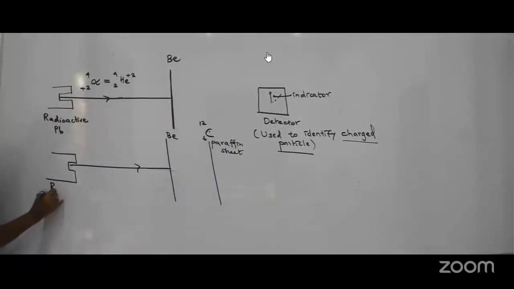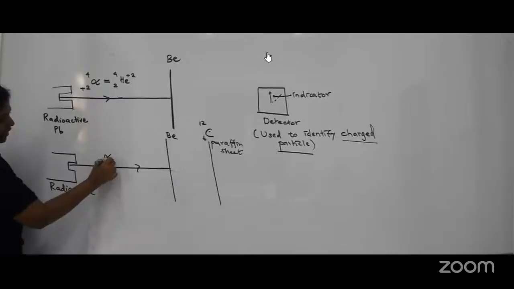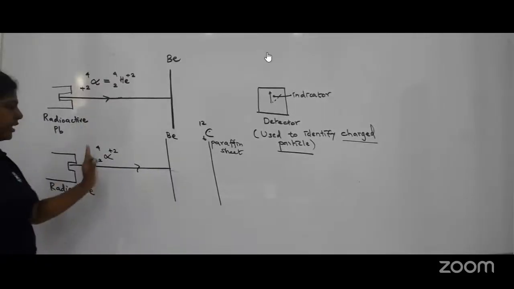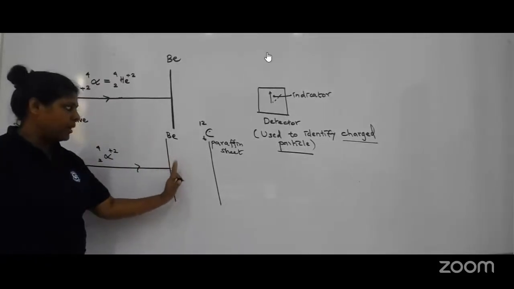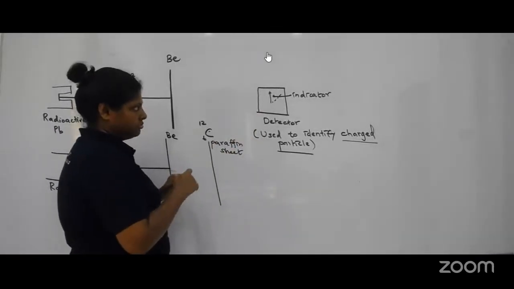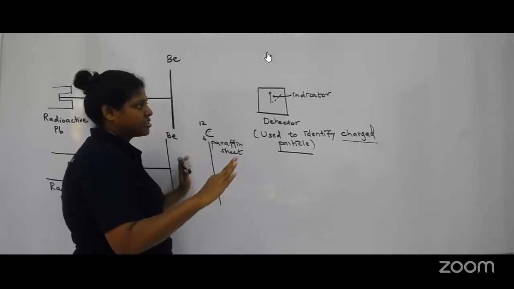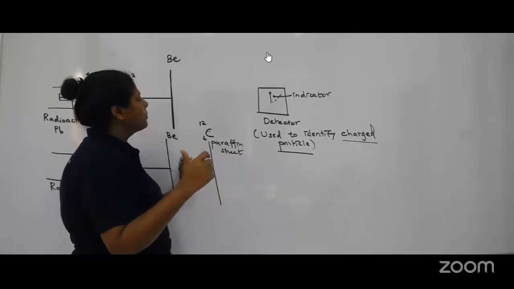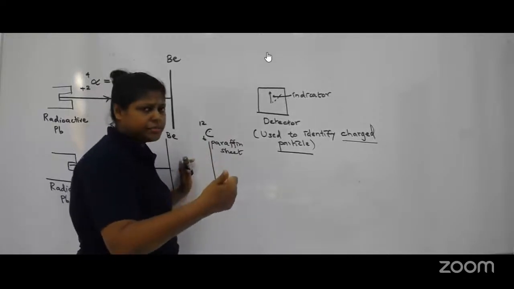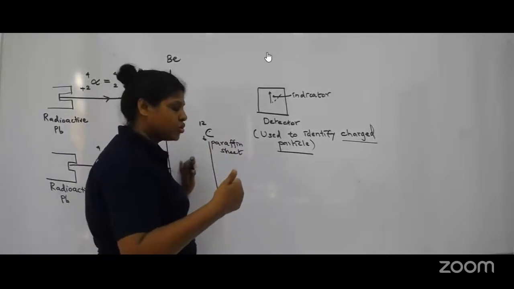Then again from the radioactive lead, alpha rays are released, charged particles with plus charge. When they hit the beryllium sheet, we have two reasons for no deflection in the detector. One thing, the beryllium sheet did not release particles, or the particle released by beryllium sheet has no charge.